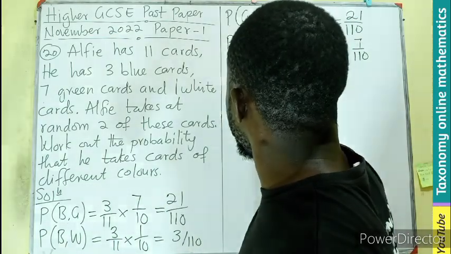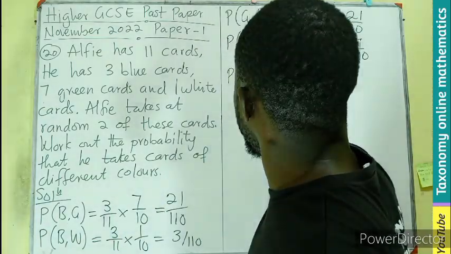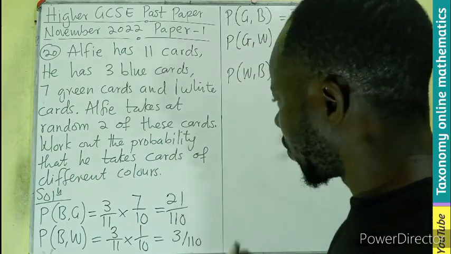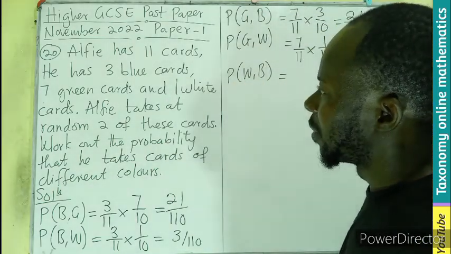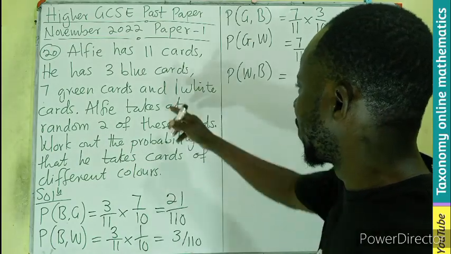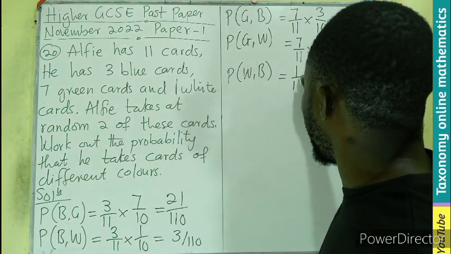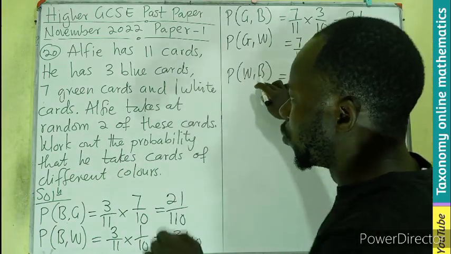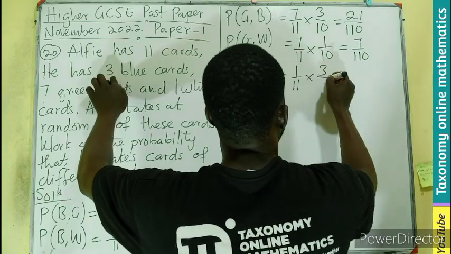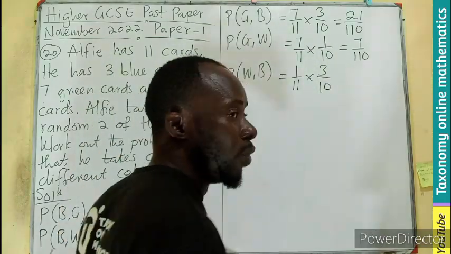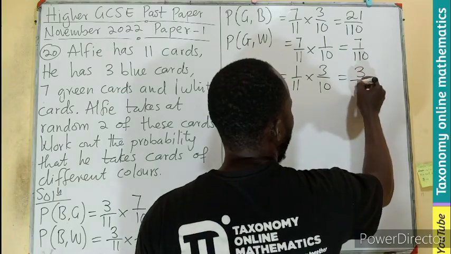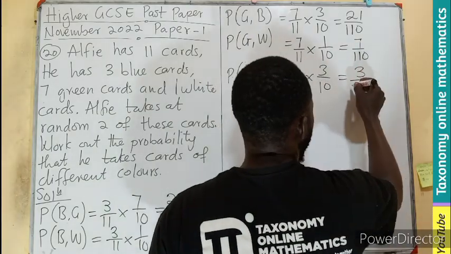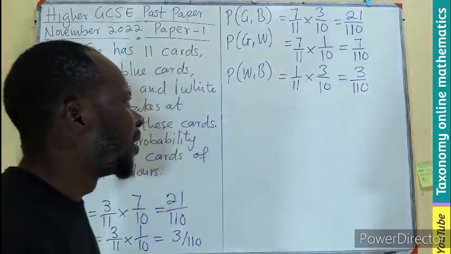It could be white first, then blue second. What is the number for white? 1. So 1 out of 11 times blue, which remains 3. Quantity reduced to 10. So this will be giving us 3 out of 110, right? 10 times 11.